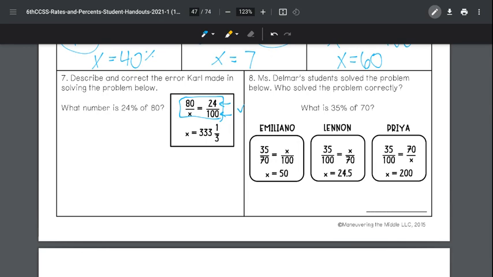And then we have to remember our hint is over of. So what number is 24% of 80? Ugh, he put the 80 as the is number. That's not right. That should have been on the bottom. His correct setup should have been x over 80 is 24% over 100%.